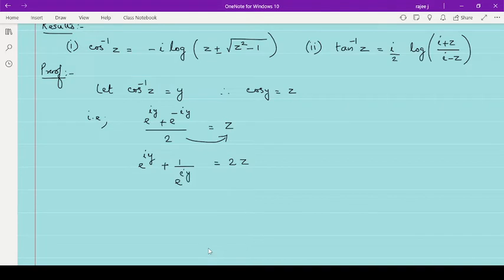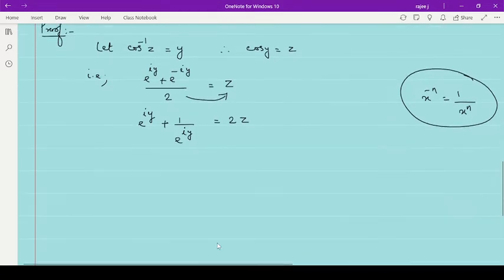We know it because 1 upon x raised to minus n is equal to 1 upon x raised to n. So when you take a power to the denominator, it becomes positive. Here e raised to minus iy, I took it to the denominator, so it became e raised to plus iy.